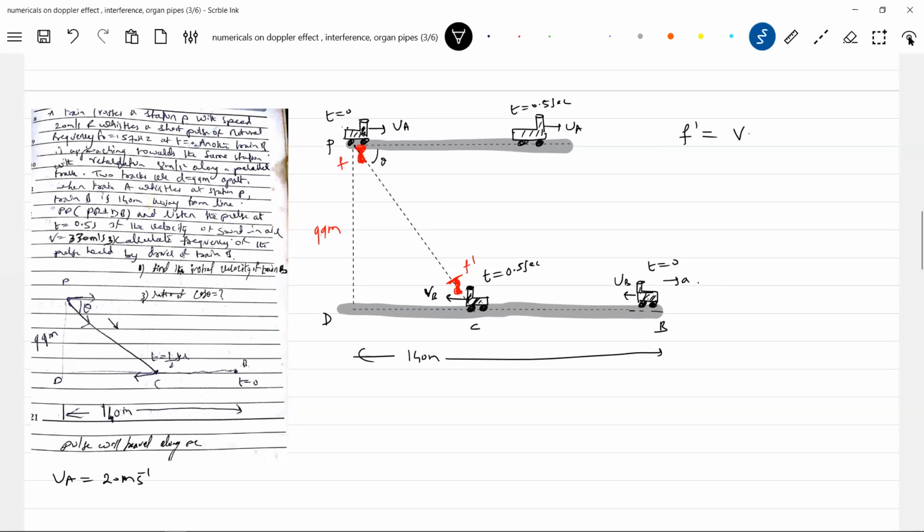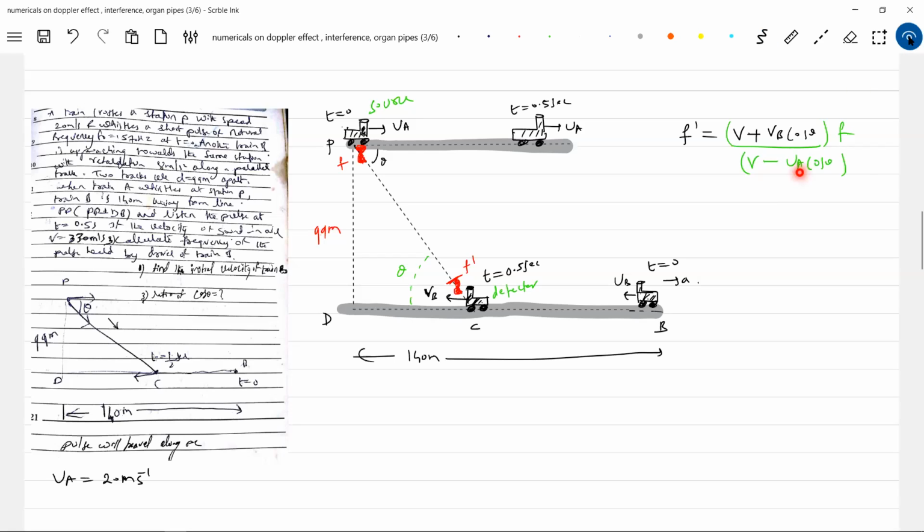The detector is approaching, so this will be V plus VB cos theta, no, cos theta only, this angle will be cos theta, divided by V minus UA cos theta, all multiplied by F. The component of velocity of the source, in simplest terms, this is source and this is detector. Tell me, what all do we know?